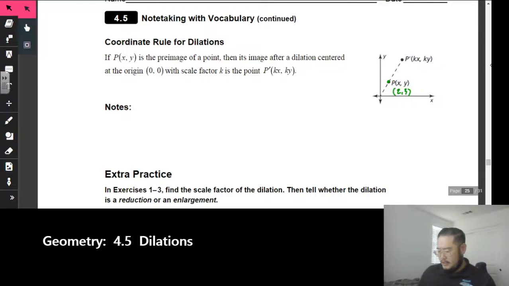Okay? So I'll go ahead and say my scale factor is 2. What do you end up doing? You take your ordered pairs 2 and 3 and then you multiply it by 2 to each x and y. Therefore, this P prime will end up being 4, 6. And that would be P prime. It's just like that. That's simple.